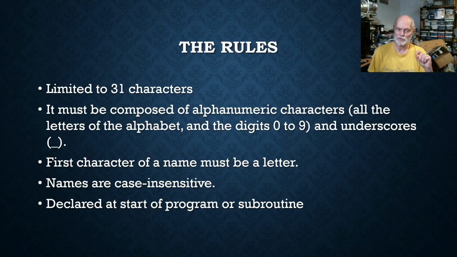The first character has to be a letter. Unlike a lot of languages, it's case insensitive, meaning a capital hello for a name and a lowercase hello are exactly the same. You declare your variables at the start of a program, a subroutine, or a function.